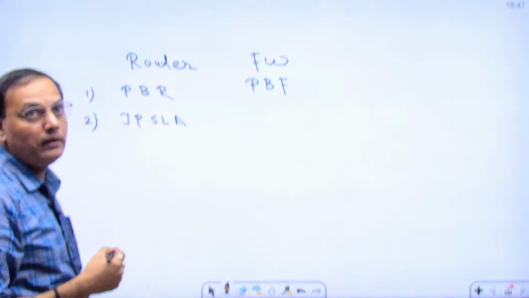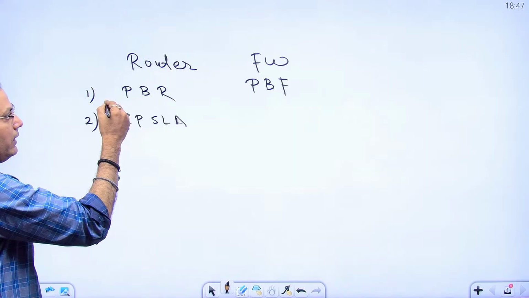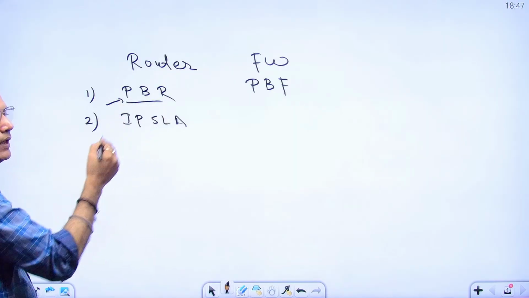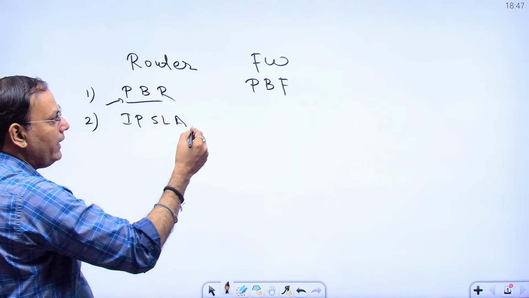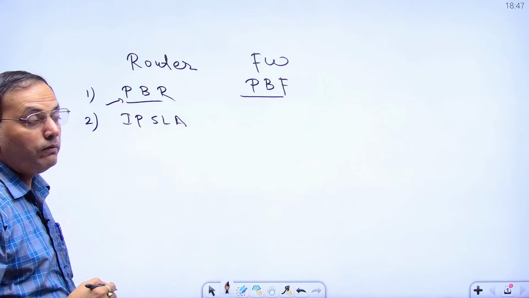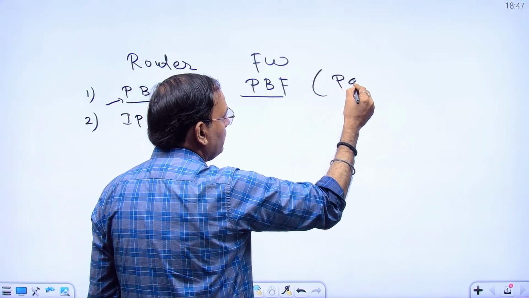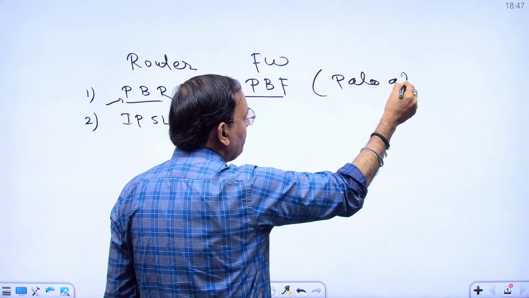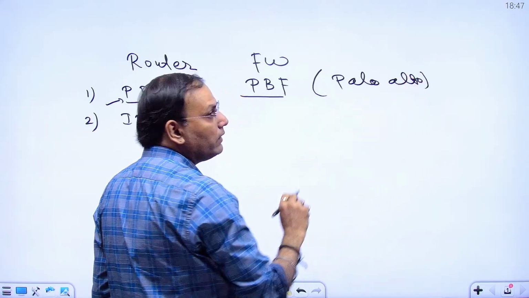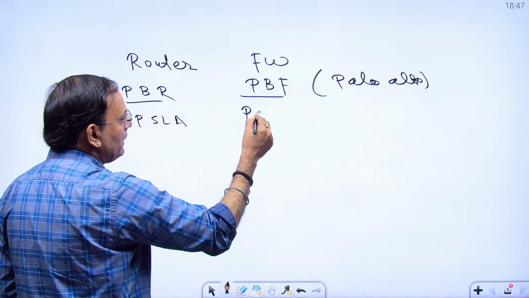The concept is 100% the same. Whatever you have learned in the router as policy based routing, here we call it PBF, policy based forwarding. I am talking especially about Palo Alto. Don't get confused. This is for the Palo Alto firewall because I have knowledge of the Palo Alto firewall only, right? And IPSLA is called path monitoring.